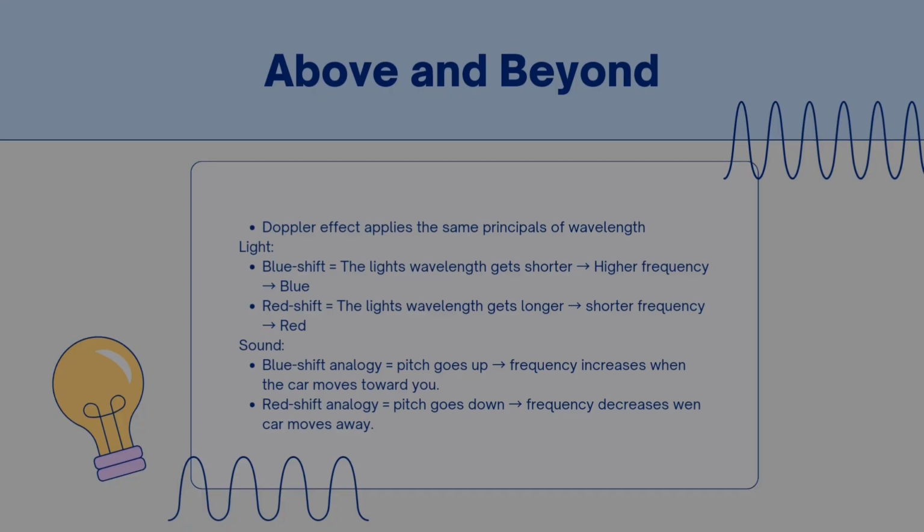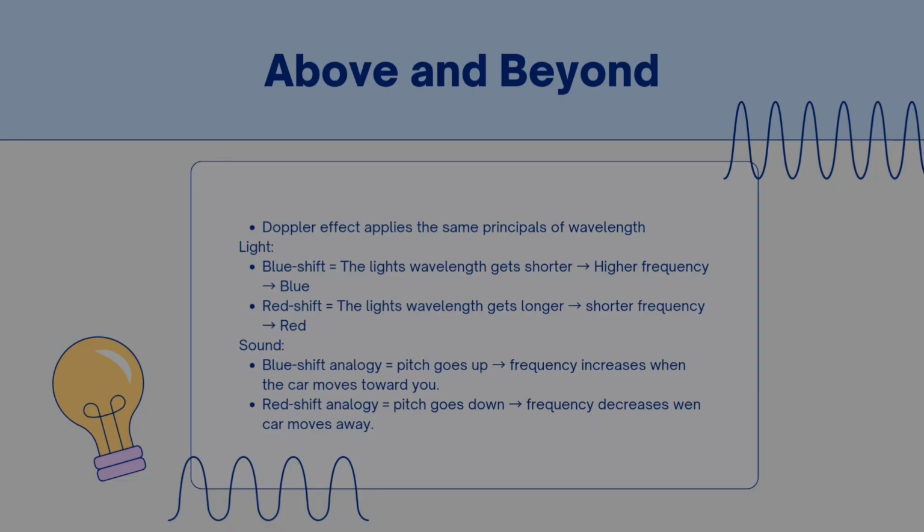So as you can see, light has a blue shift and also a red shift. The blue shift wavelength gets shorter, with higher frequency, and as we've seen, has the color blue, which is closer in on our diffraction grating. And the red shift gets longer, has a lower frequency, and has the color red.